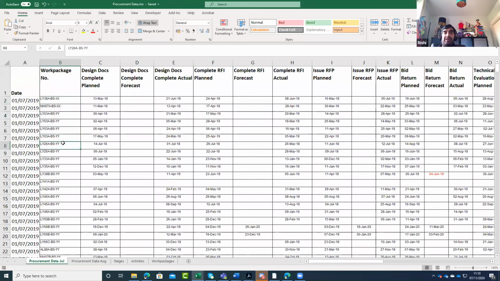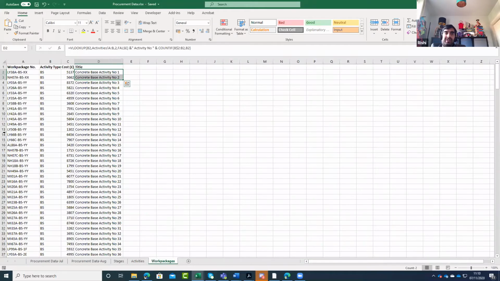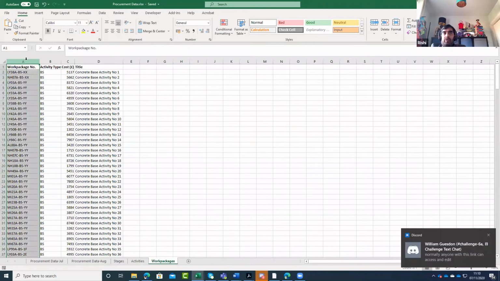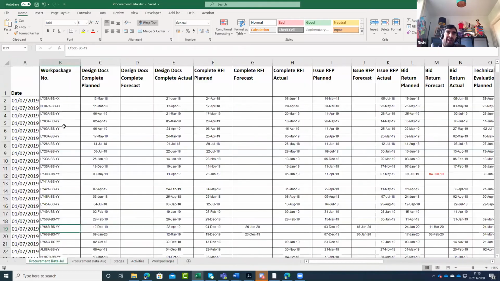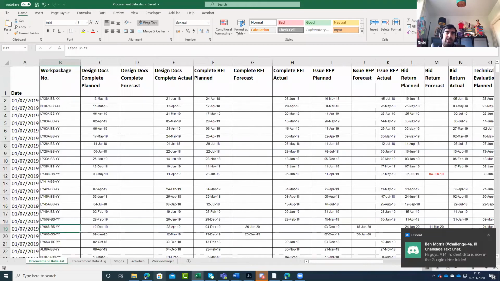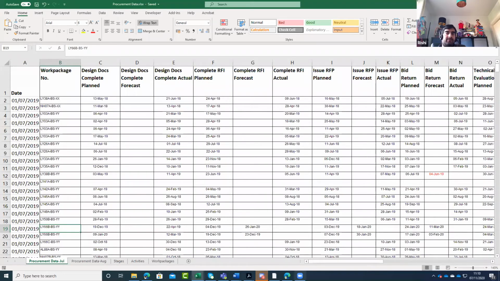You might be interested in work packages that don't have a schedule, that are not in here. And in order to analyze those, you need to have the full complete list of work packages. This goes for any reference data. So when you're collecting data for this, you need to collect both sets, and your reference data should really come from a master reference data source.